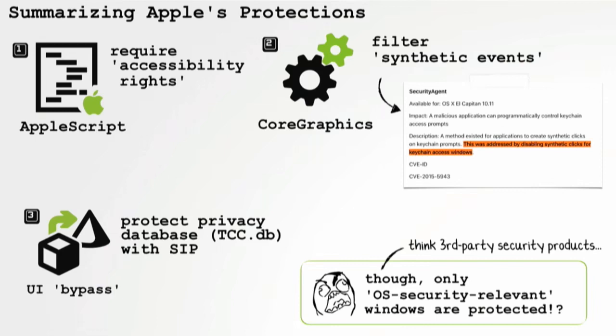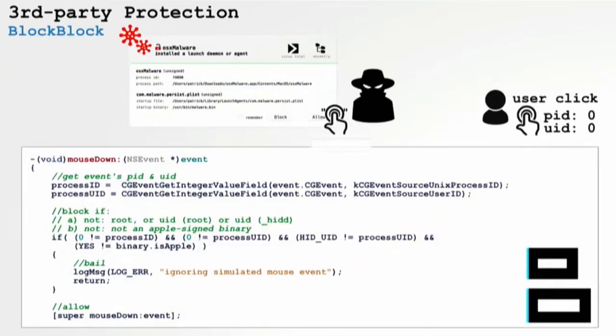Now, one important thing to note is that these protections are not applied globally. They are only applied specifically by Apple to certain security prompts. So we'll see this leaves a window open for other attacks, but it also means third-party developers, for example, firewall and antivirus developers, have to implement protections of their UIs individually.